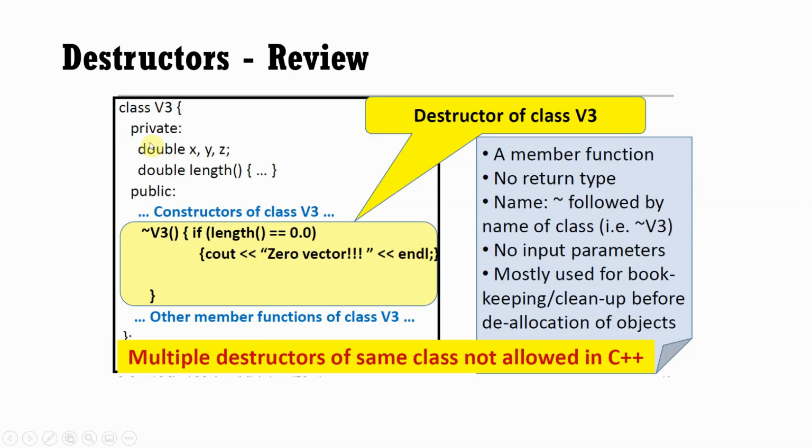For example, for this case where we don't have any dynamic variables, the one that the compiler generates for us is good enough. It just destroys the object. But if we have dynamic memory, then we need to write our own destructor to avoid memory leaks.